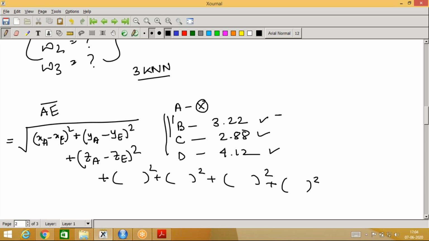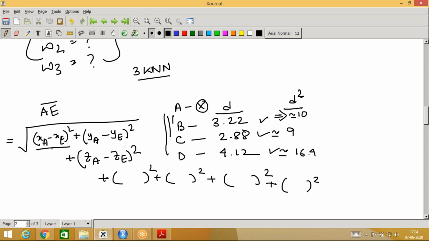Now you just check. The square of this value is close to 10. The square of this value is close to 9. The square of this value is close to 16.4. This is distance square. This value is close to 10, this value is close to 9, this value is close to 16.4.